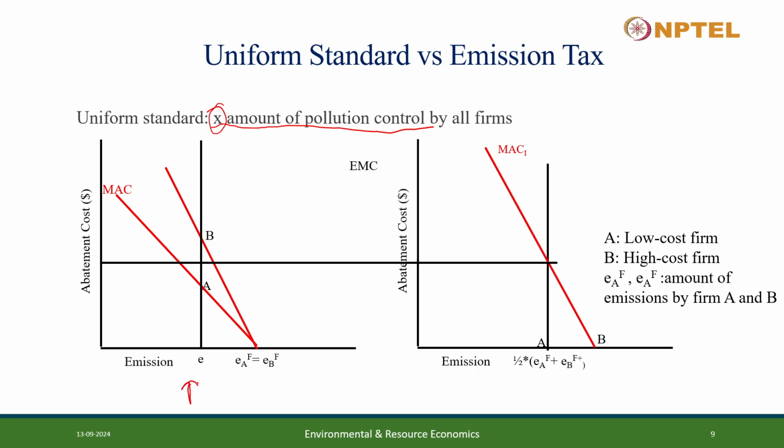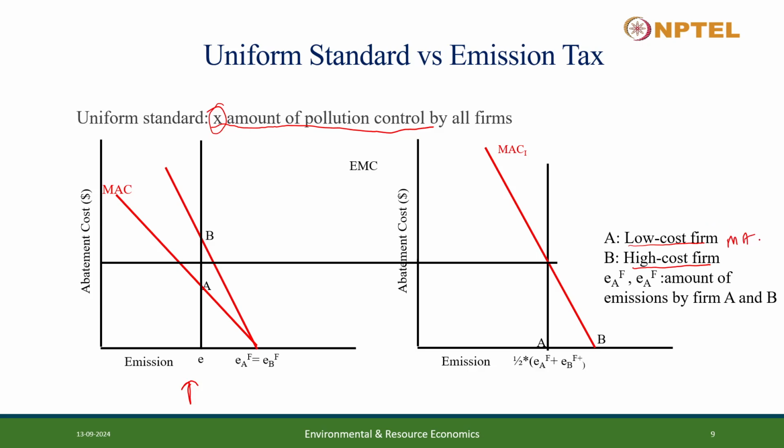In uniform standard, let's say that here we have firm A and firm B. Firm A is low cost firm and firm B is high cost firm. Low cost and high cost are in terms of MAC, marginal abatement cost.